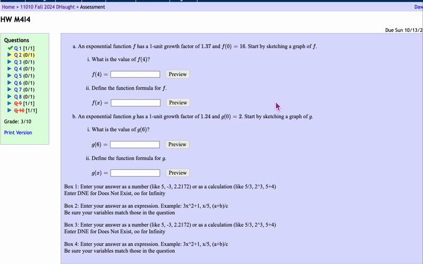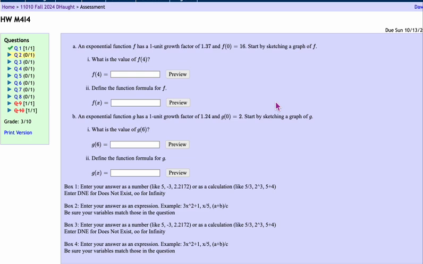So, when you know the starting value, our function is always the start times the growth factor to whatever thing you're plugging in.